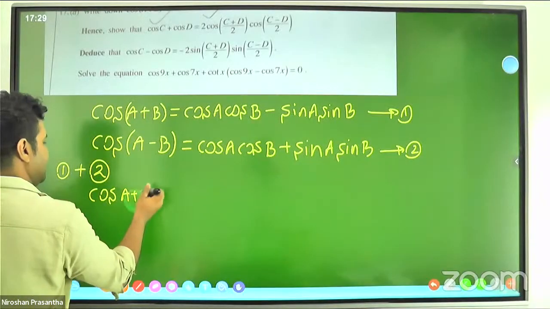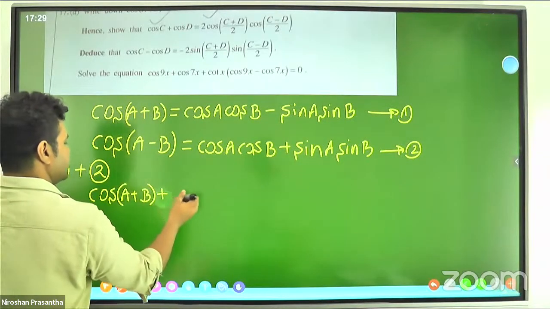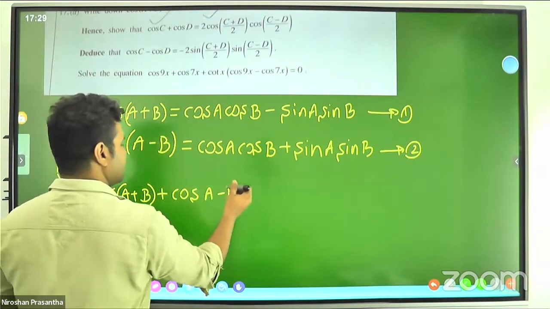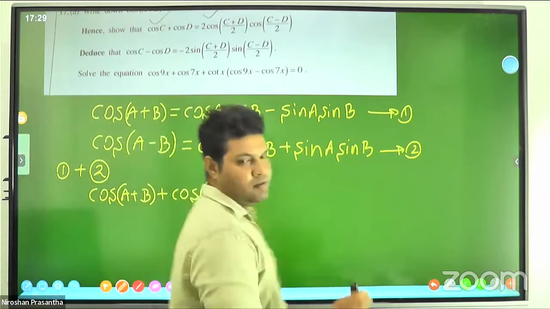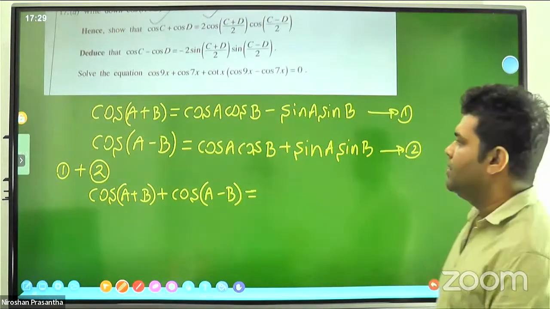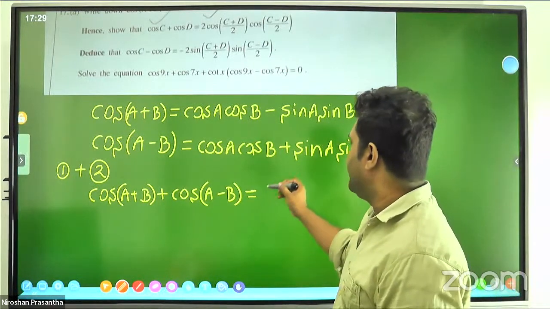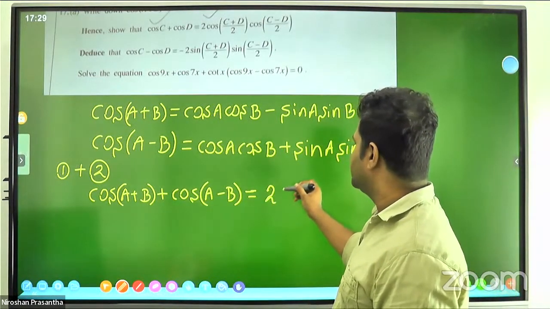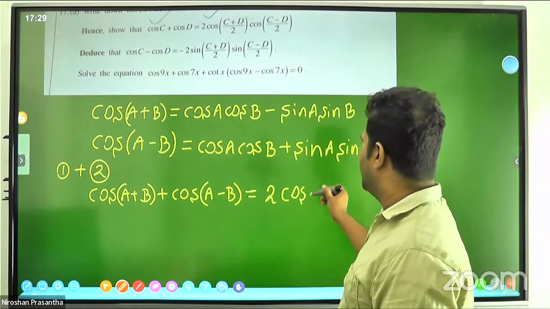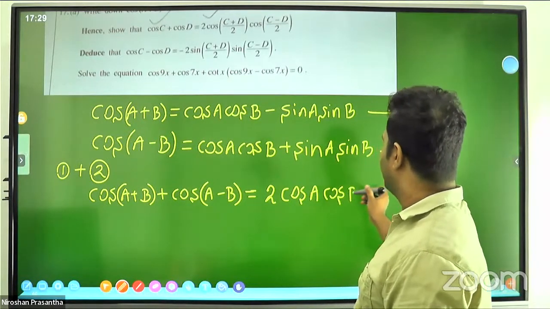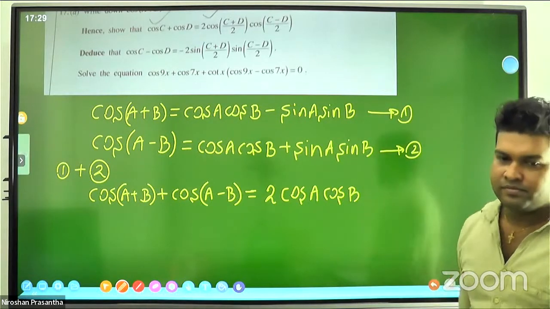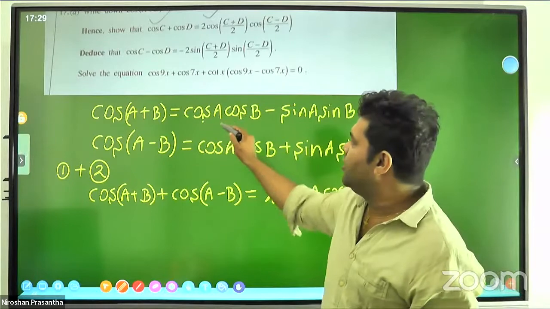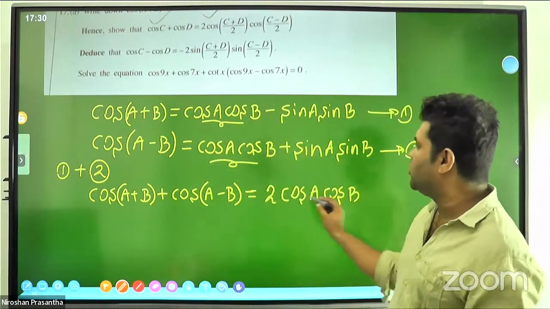Then this is cos(A plus B) plus cos(A minus B). Now you know that it is 2 cos A cos B, because sin A sin B cancel, there are 2 terms of cos A cos B.